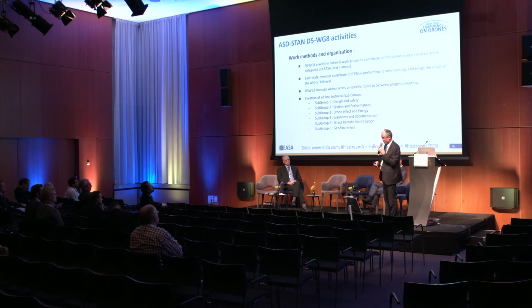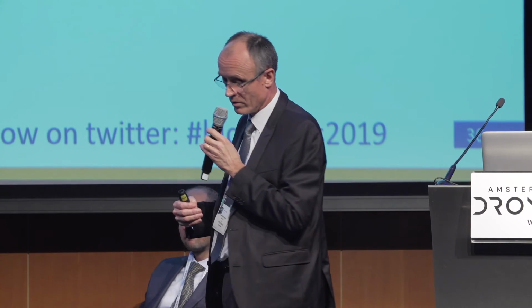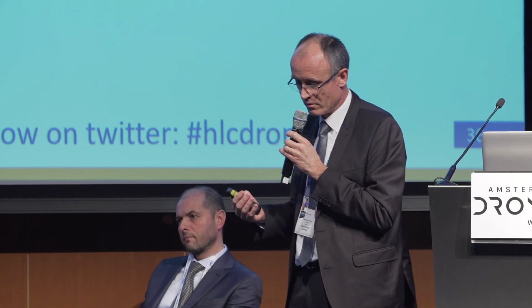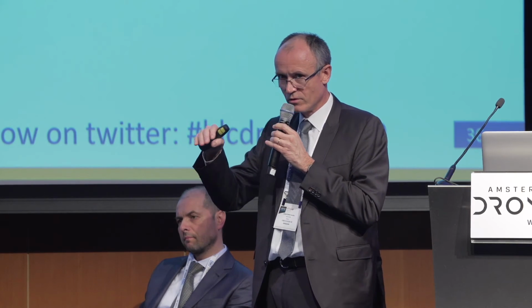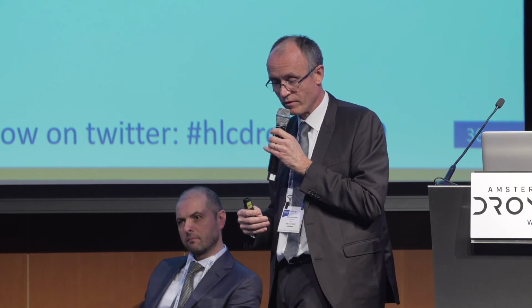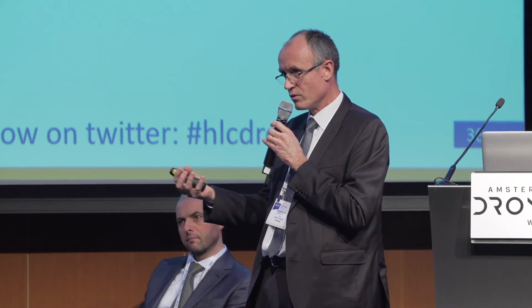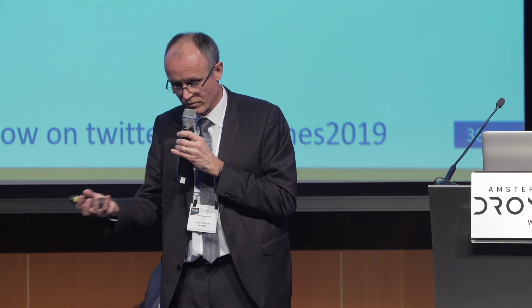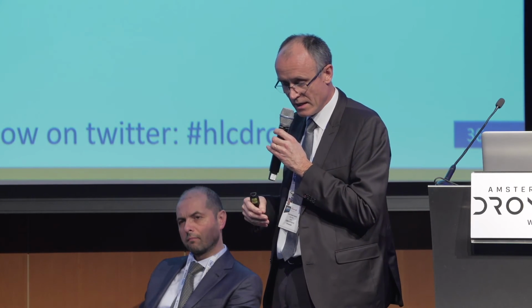How is it organized internally? We have organized different subgroups. At the European level, we work with the different member states, who provide the national work groups, so we source the information directly from each national entity.